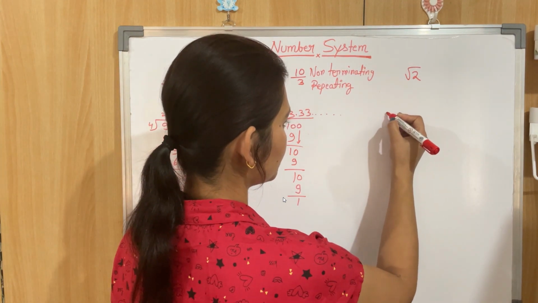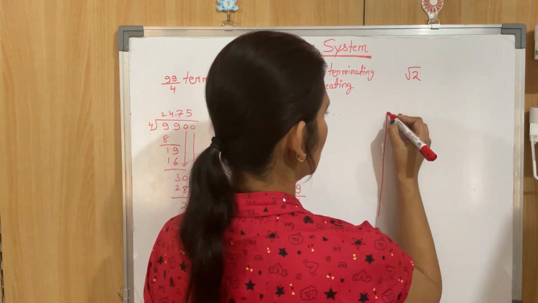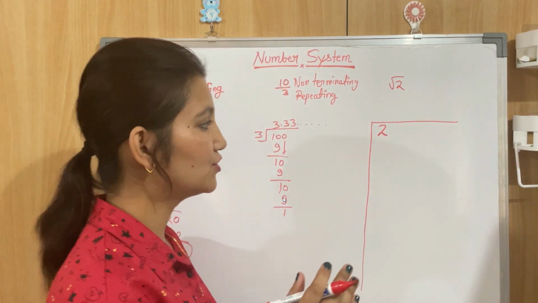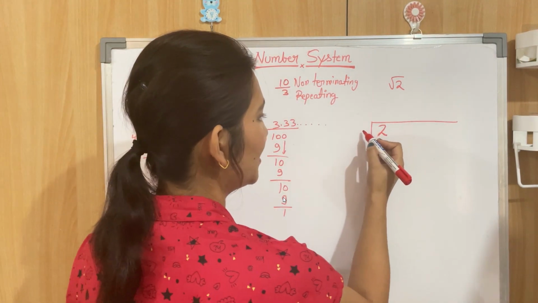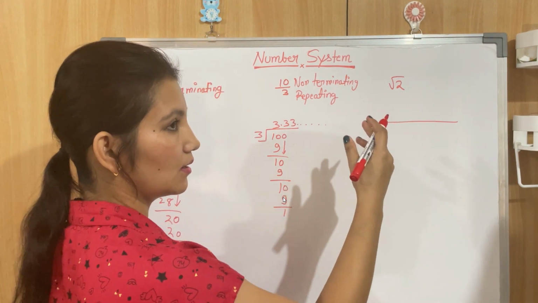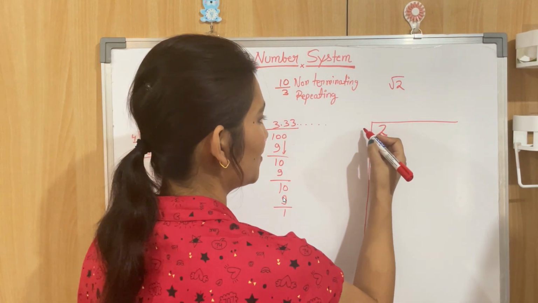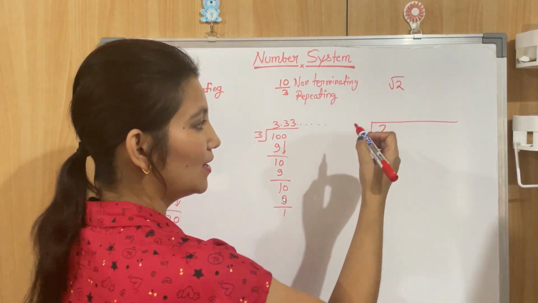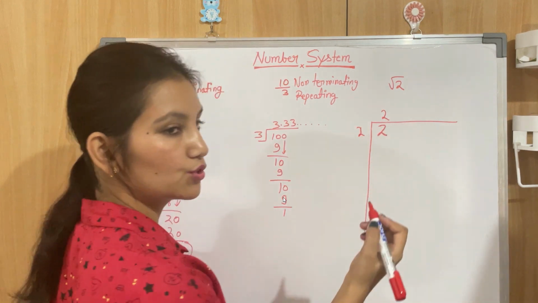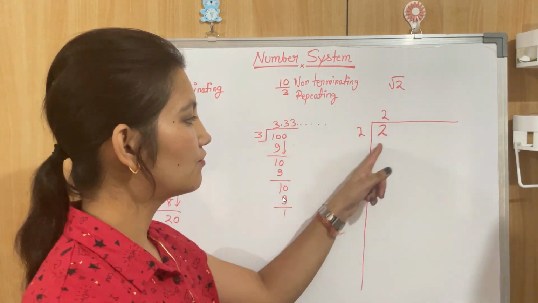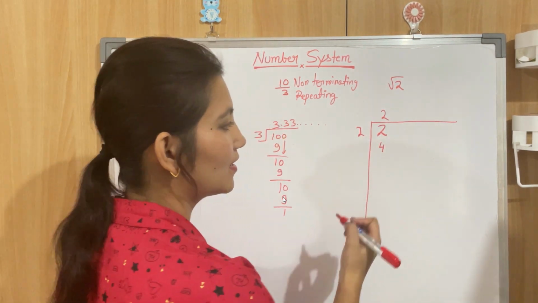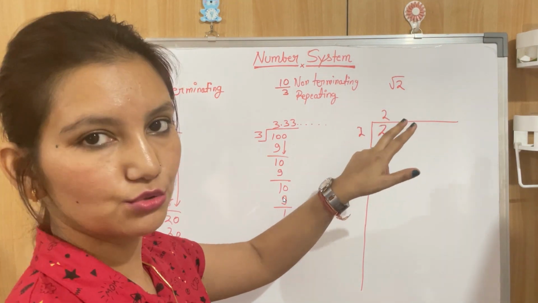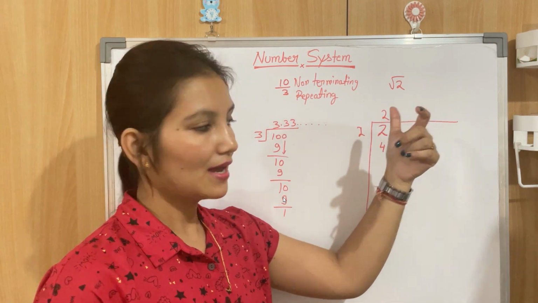So root 2, okay? In order to find the decimal expansion of root 2, we take numbers in pairs. What I mean is, if I'm taking 2 as divisor, I need to make 2 the quotient. 2 times 2 is 4, but I cannot take 4 because in that case it becomes greater than 2.